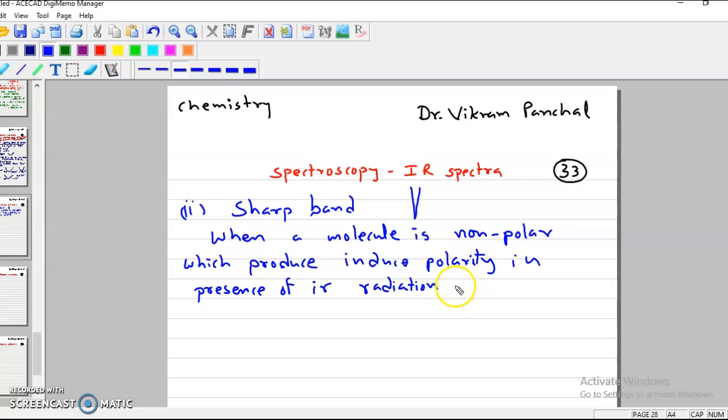That means they are non-polar in normal condition, but when IR is absorbed, they become polar because of the difference in bond length. Such molecule gives sharp band.